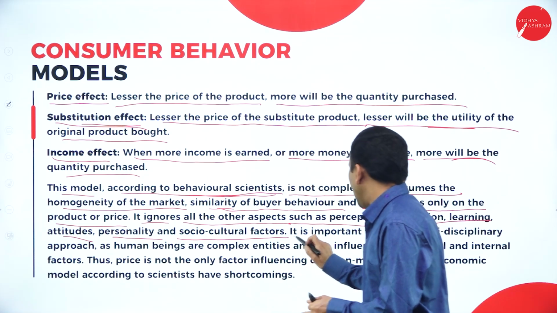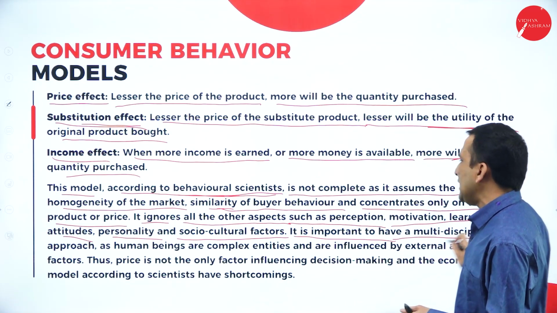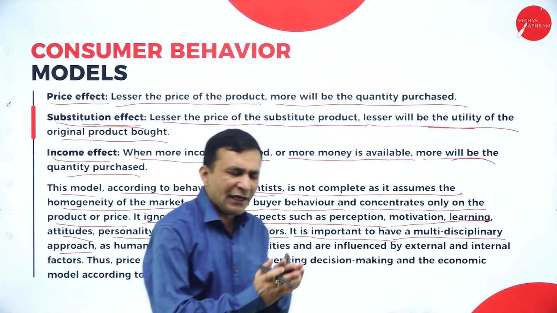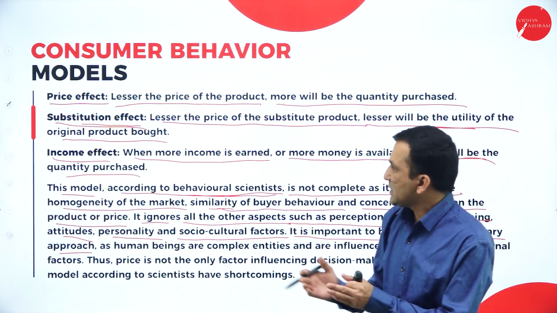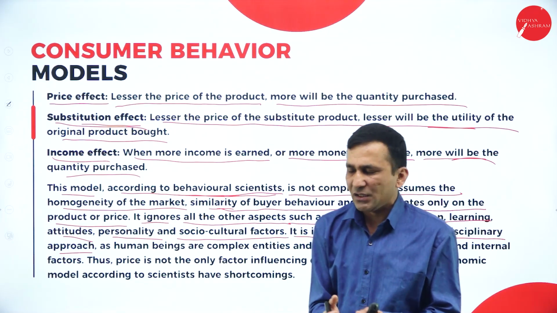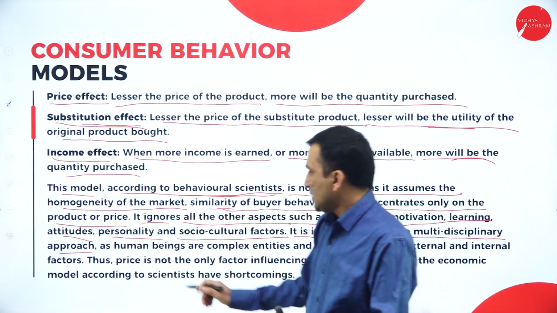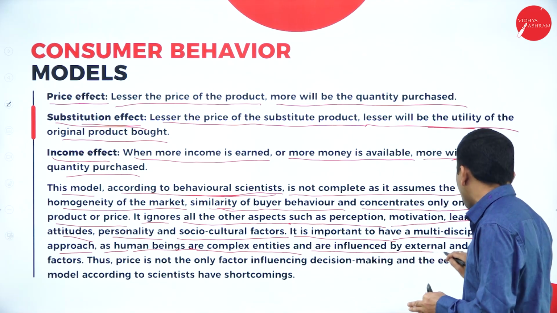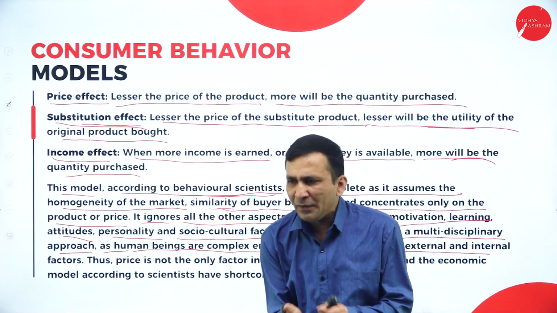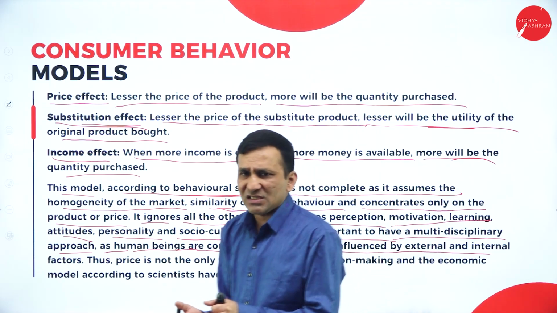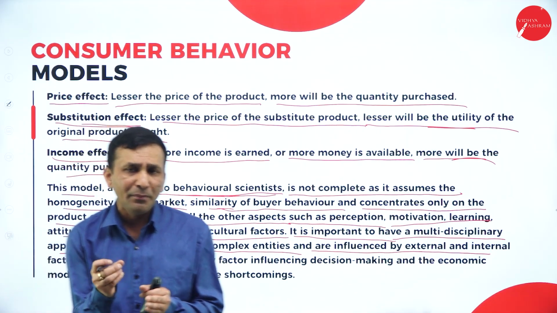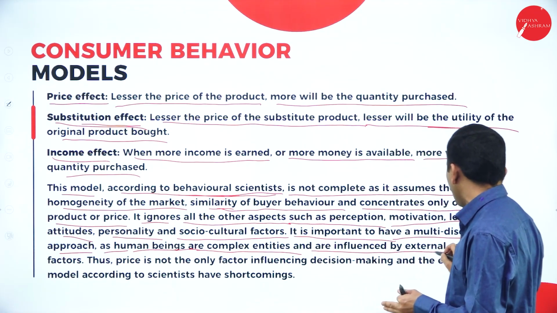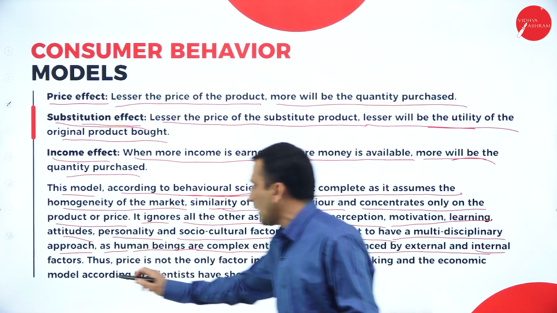Okay, so it is important to have a multidisciplinary approach, because from consumer to consumer, their income level, their economic factors and substitute preferences are completely different. A human being is a complex entity influenced by external factors, because how human beings behave towards the company's product, whatever the company is offering and the services it provides, is completely influenced by external and internal factors.